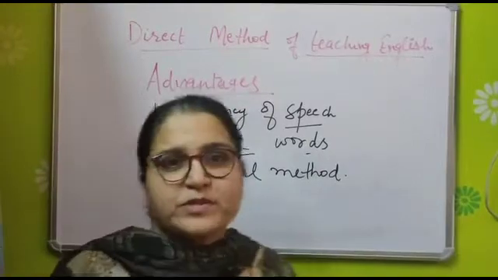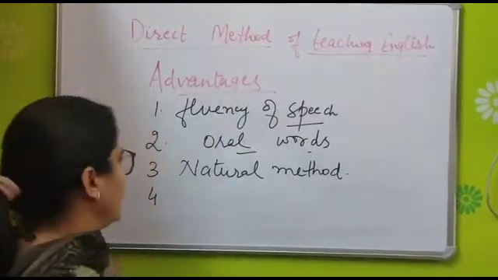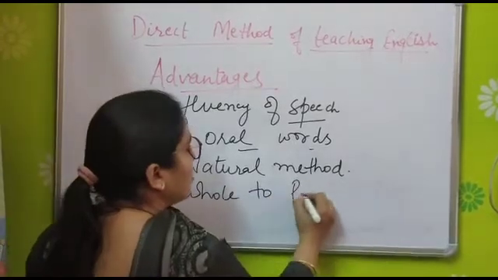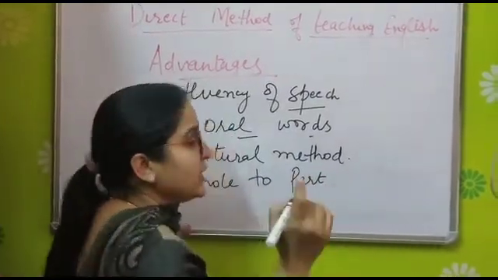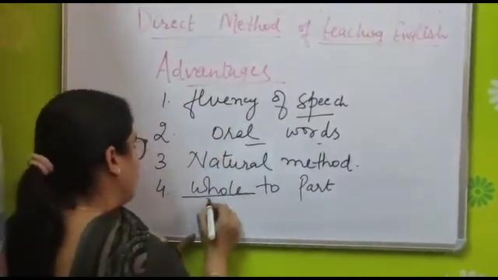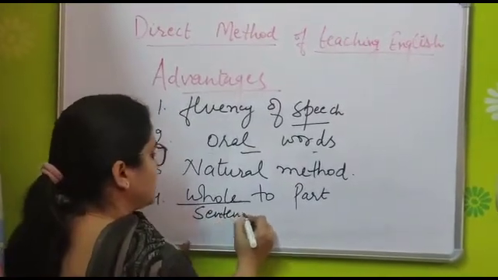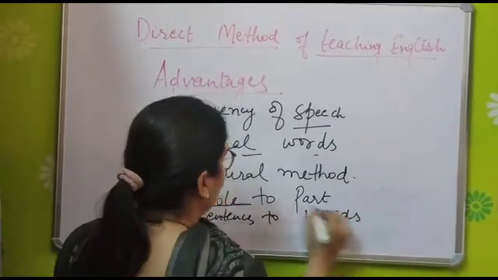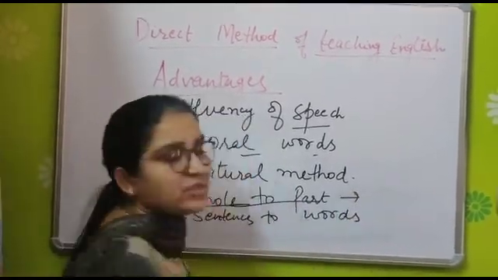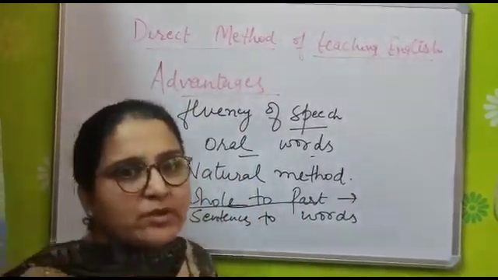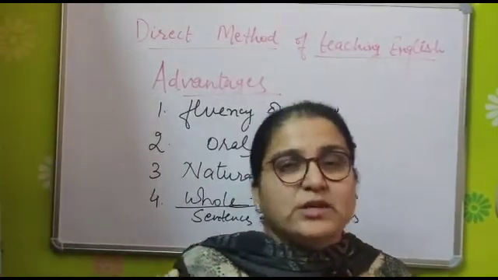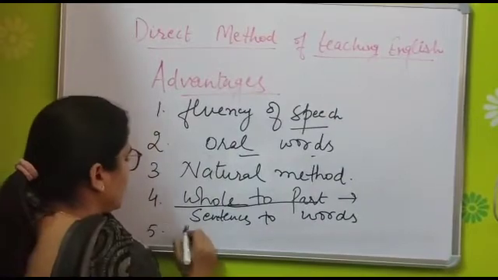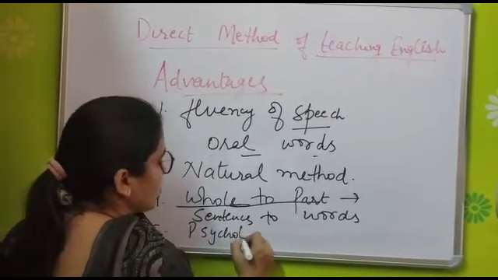Next, fourth principle is it follows the principle of whole to part. Whole to part means it follows the pattern from sentences to words. That is why whole to part principle is followed in the direct method.